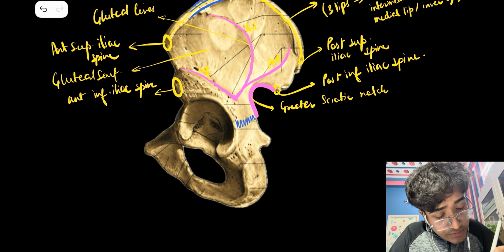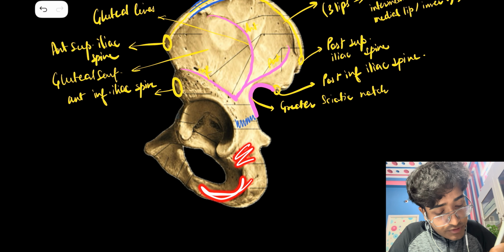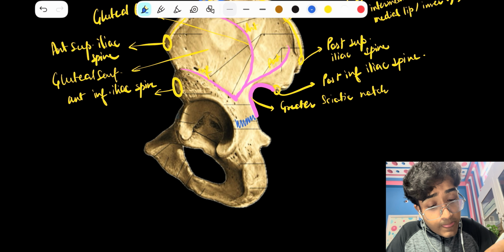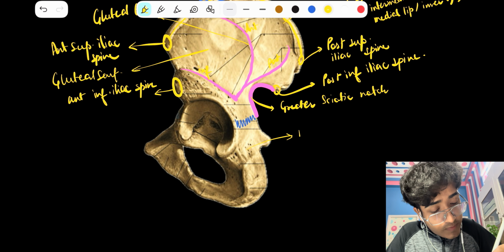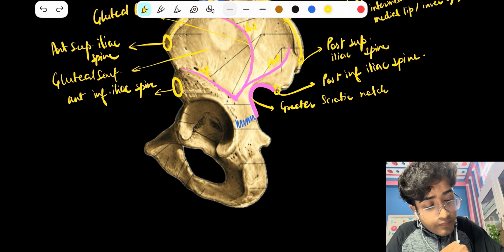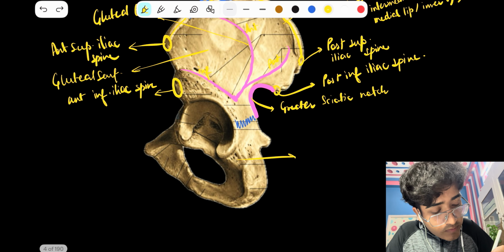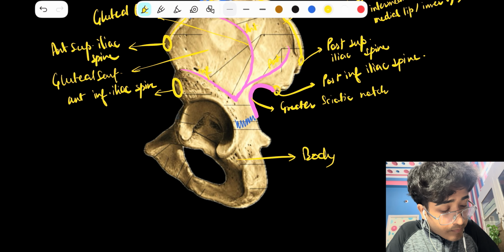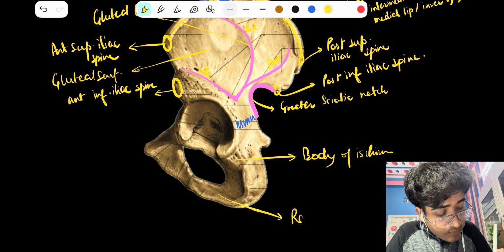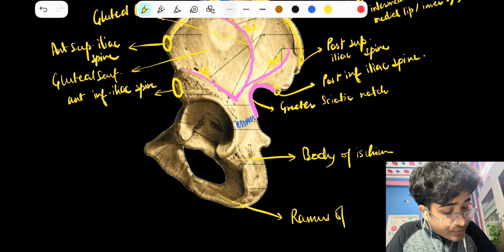This part of the ischium is the body of ischium, and this is the ramus of ischium.